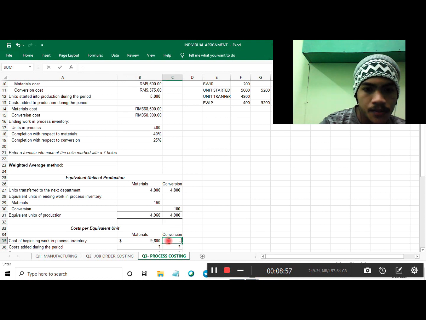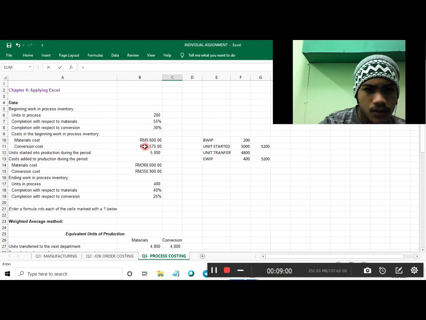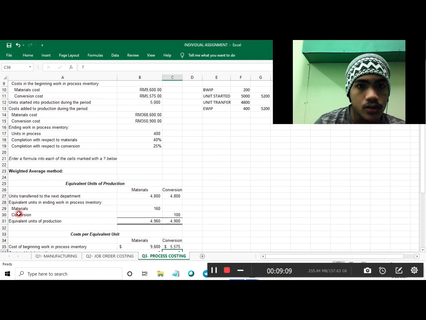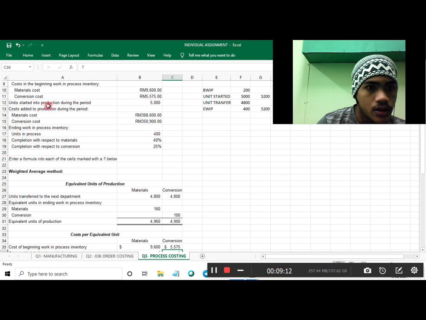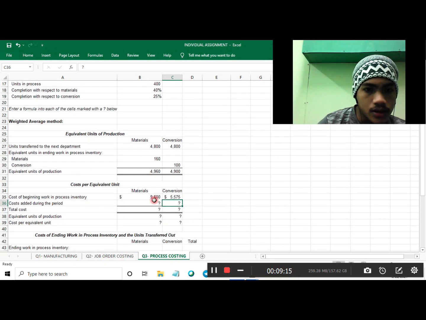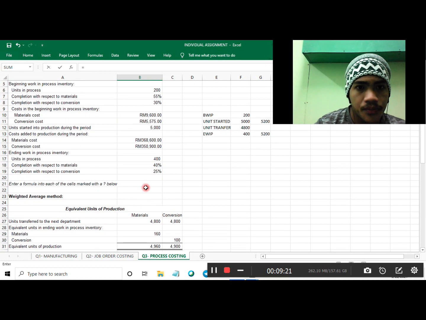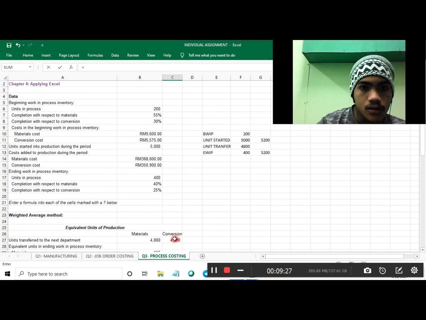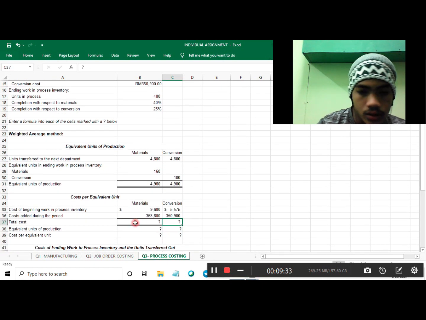For conversion, 5,575 ringgit. And then the cost added during the period we just take from the data, for material cost, and for conversion we also take from the data.